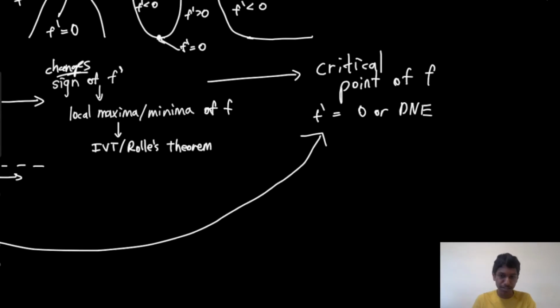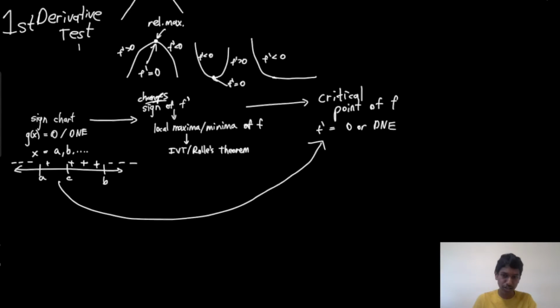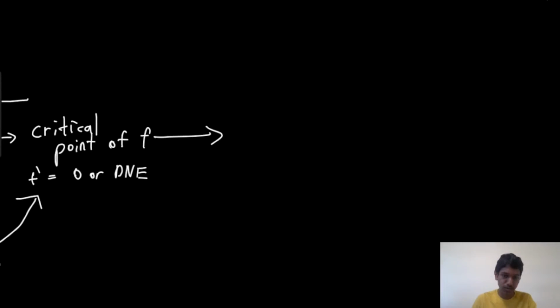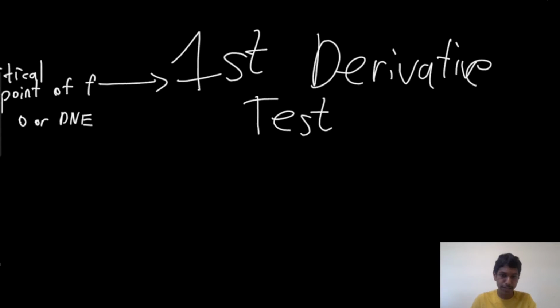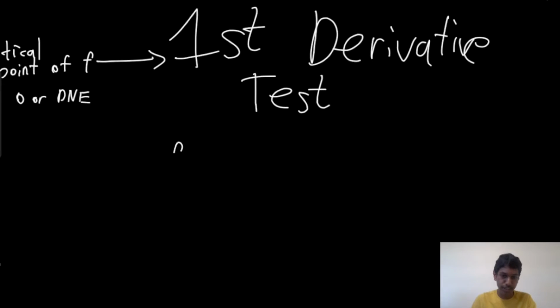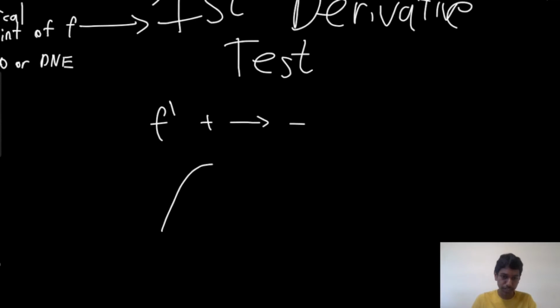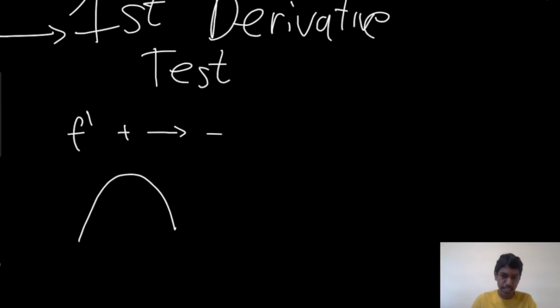And this is really, once you combine the sign chart with critical points, is where you get the first derivative test. Because what the first derivative test says is that if f prime changes from positive to negative, that would look something like this, then you've got a relative maximum.